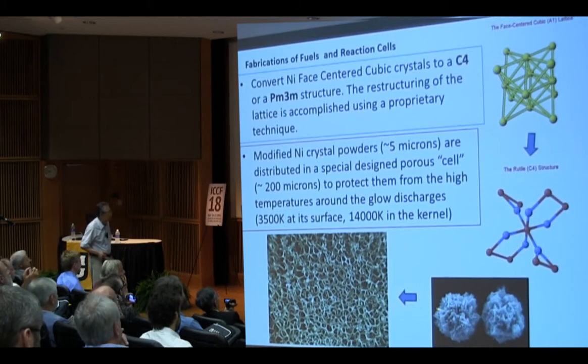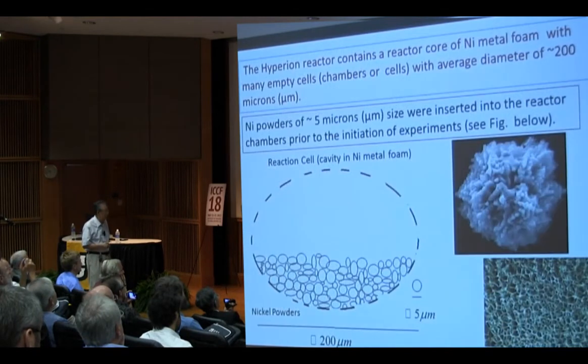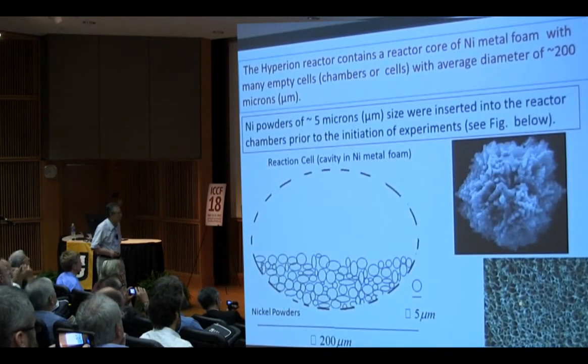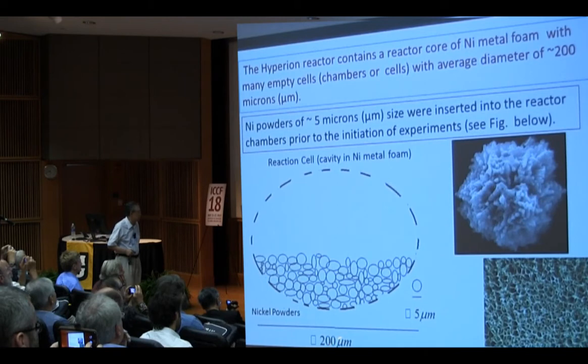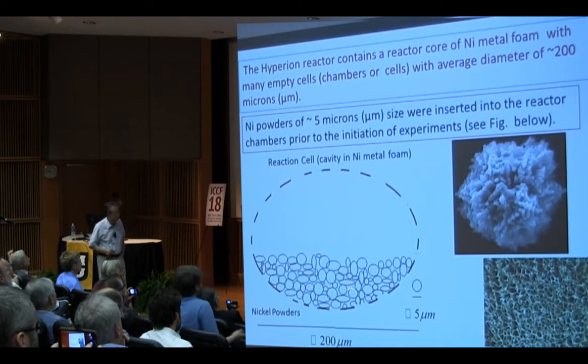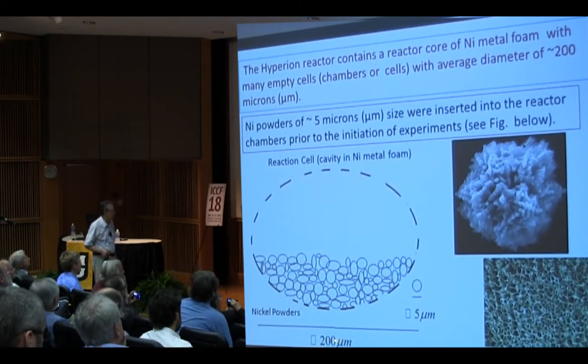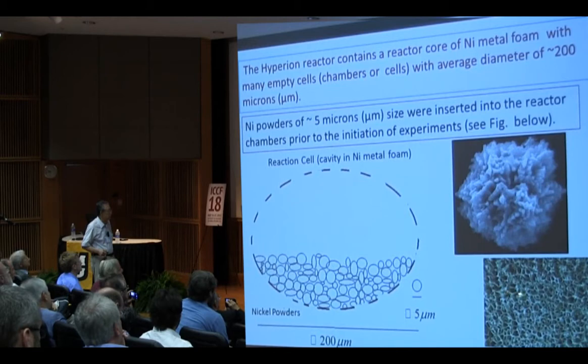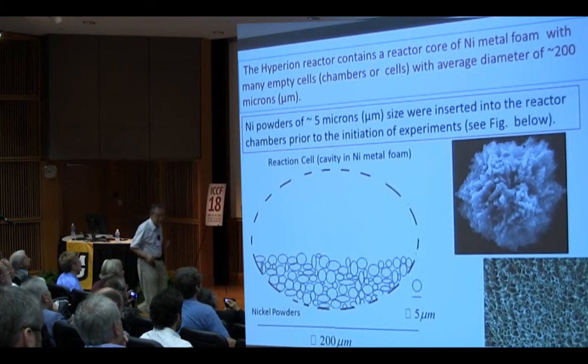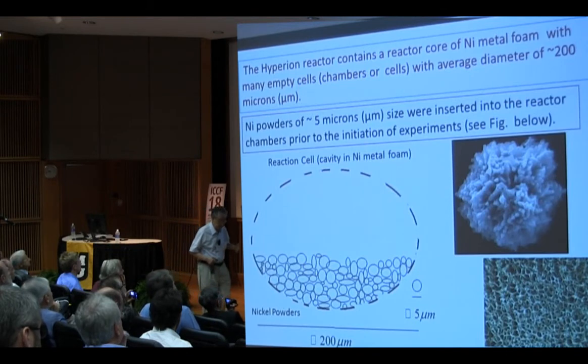Size is about 5 microns. And these are inserted into those pores, which are on average about 200 microns. So this is about 5 micron, this cell is 200 micron. So that's the idea of what's involved.